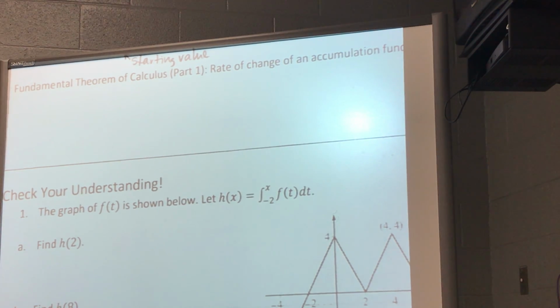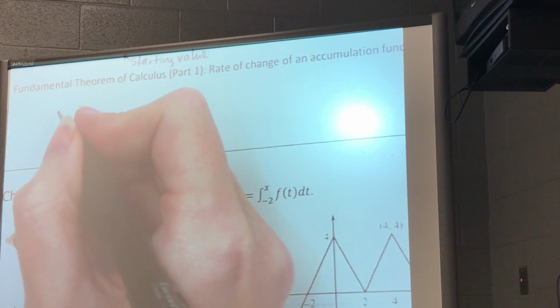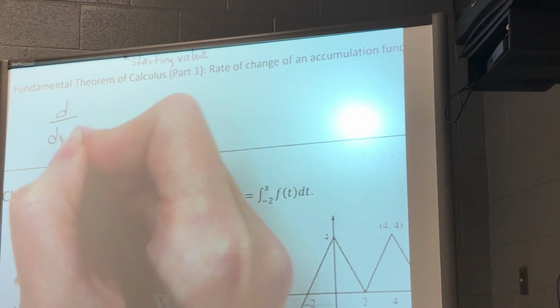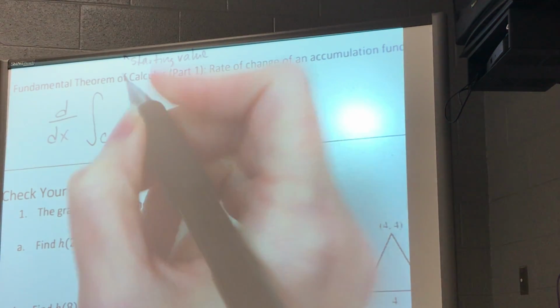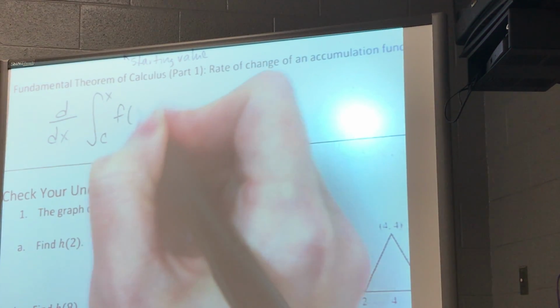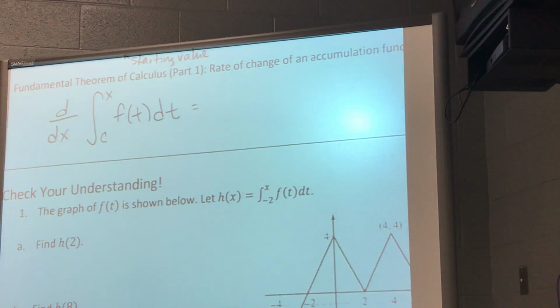What is it in calculus? Derivative. So the fundamental theorem of calculus is all about finding the derivative of an accumulation function. The rate of change of an accumulation function is finding the derivative of an accumulation function.